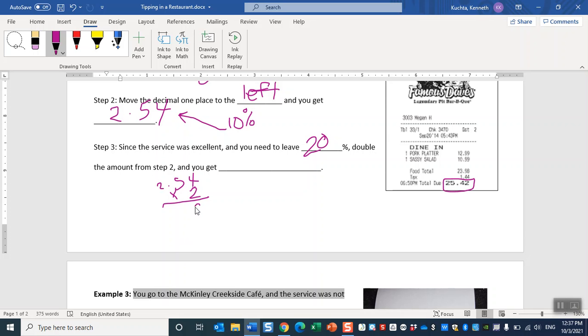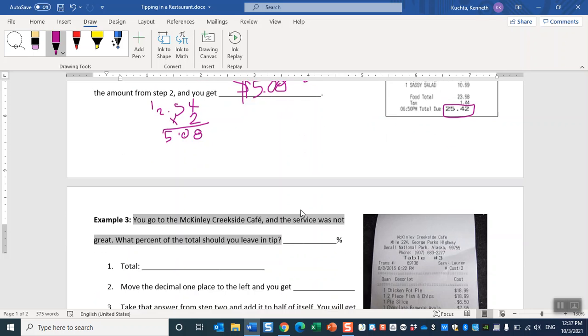So 4 times 2 is 8. 2 times 5 is 10. 2 times 2 is 4, plus 1 is 5. So I'm going to leave that as my tip for excellent service. 5.08. Okay? Now your waiter will accept $5 even. But if you want to be extra nice, leave them $5.50. Don't leave them a bunch of pennies, okay? Because that's kind of annoying.